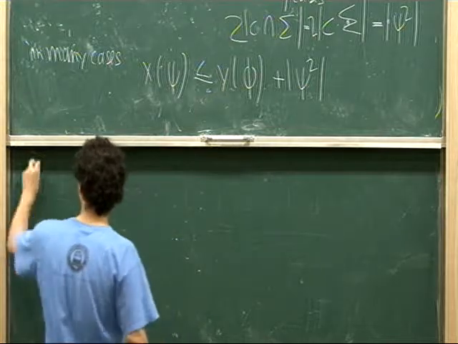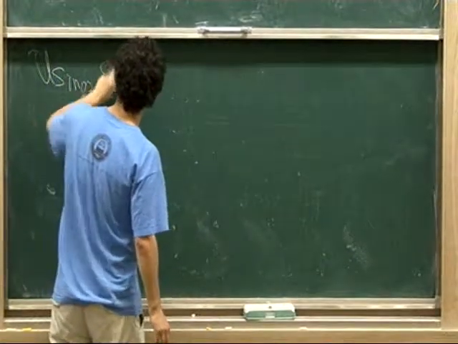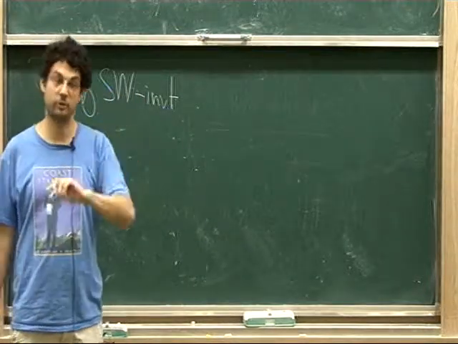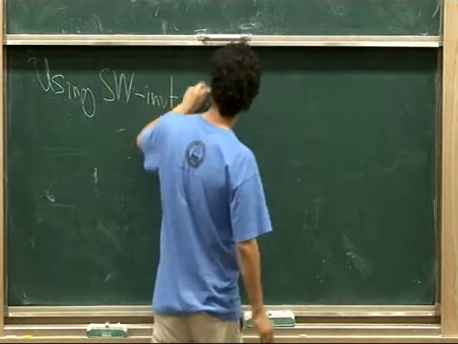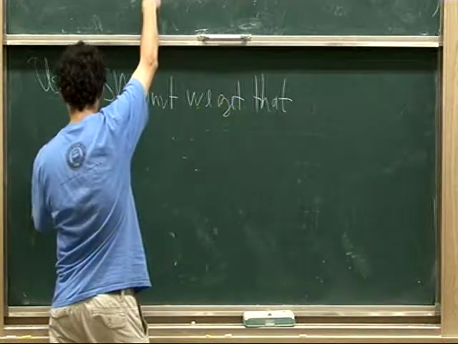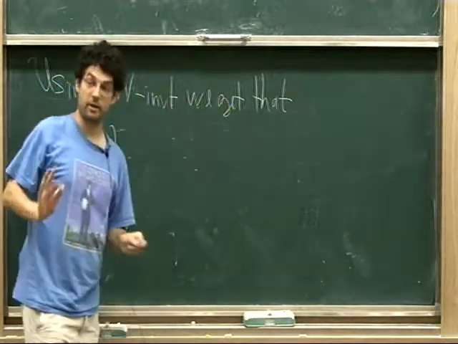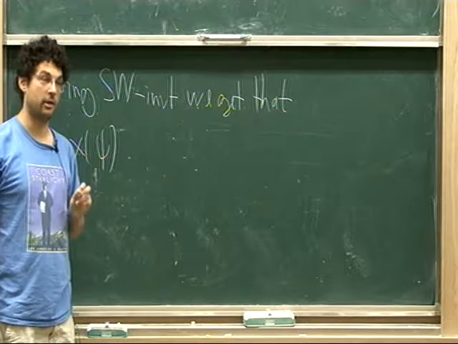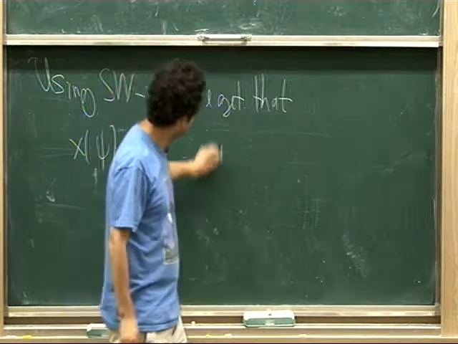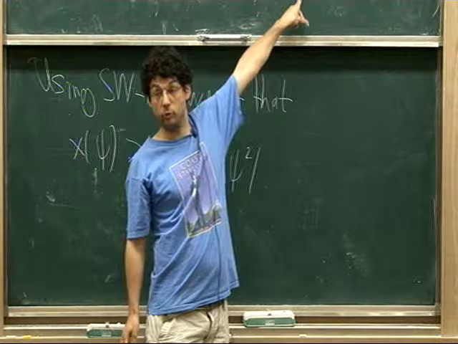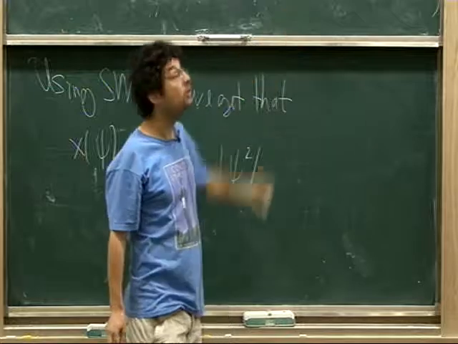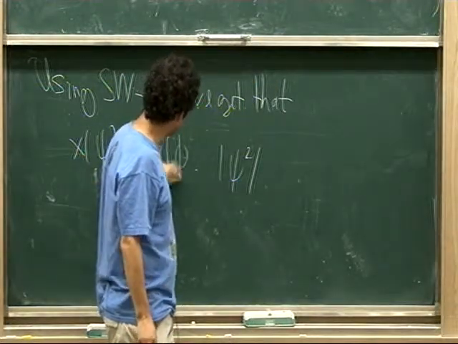Using Seiberg-Witten invariants and the adjunction inequality of Kronheimer-Mrowka and whatnot, we get a lower bound on the complexity, and in our particular case the lower bound turns out to be this square term here, and then another term, which turns out to be what I called A of phi beforehand.